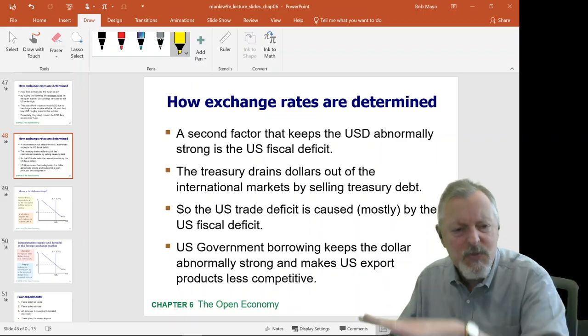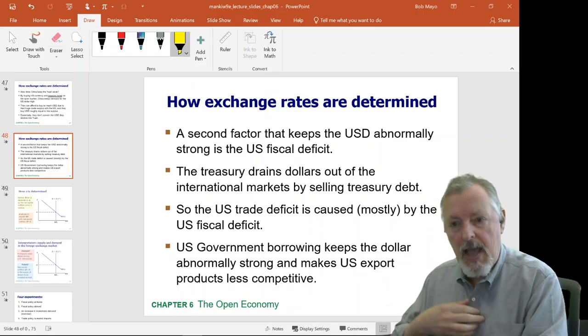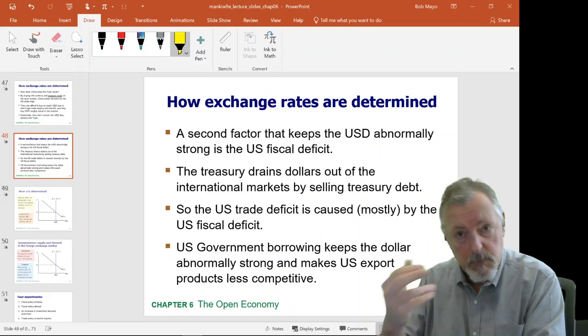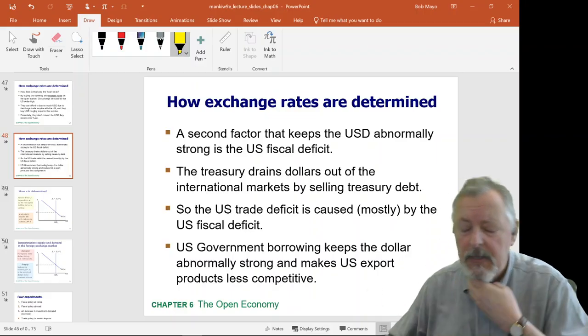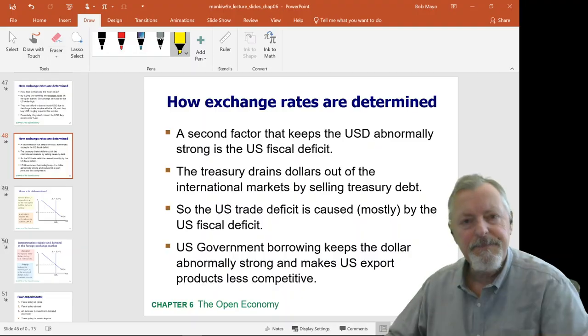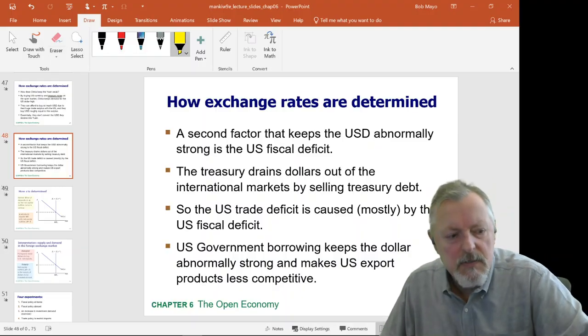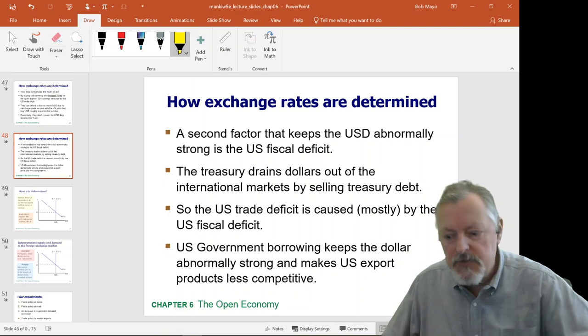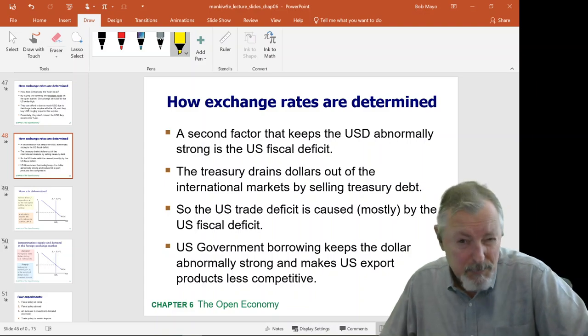If the dollar gets weak, that would make our exports more attractive. People overseas would buy more of them. But that doesn't happen. The value of the dollar stays strong. It always stays strong in pretty much my whole lifetime.